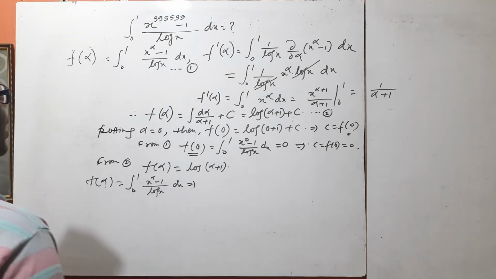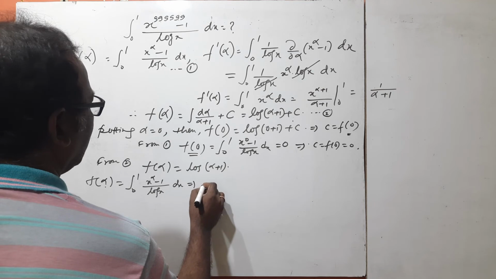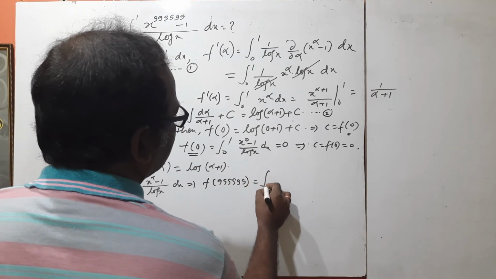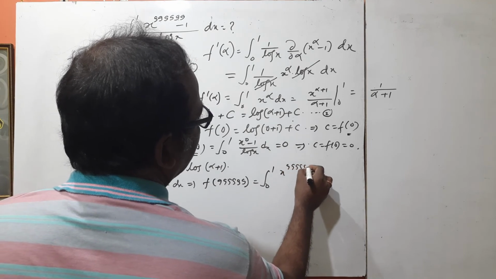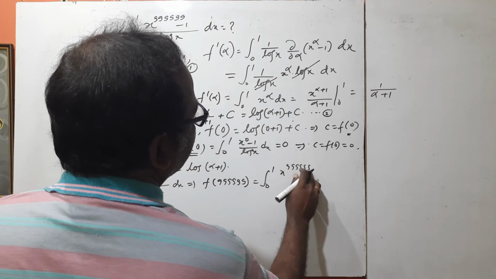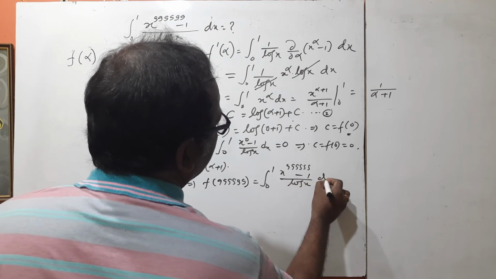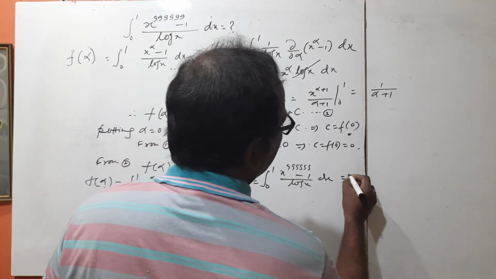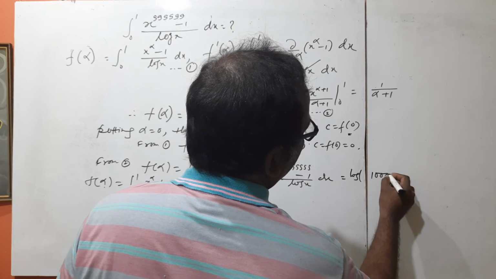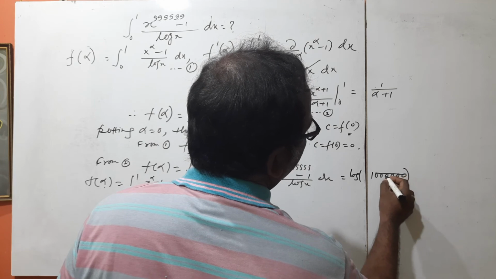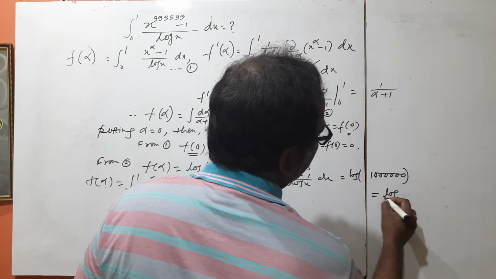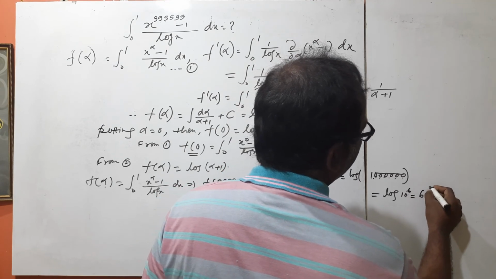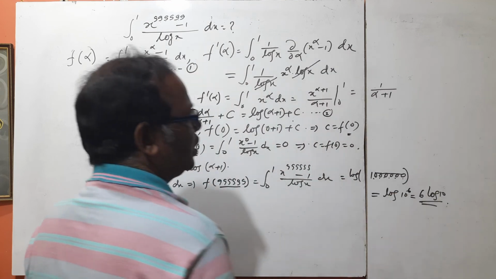The power of x here is the 6-digit figure, so alpha is that figure. Putting this figure in, we get the log of that figure plus 1, which is equal to 10 to the power 6, so this is 6 into log 10. This is your answer.